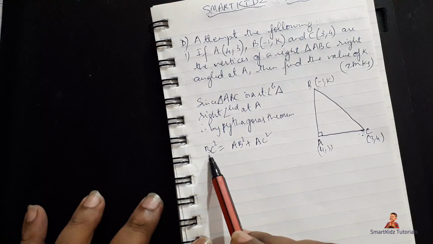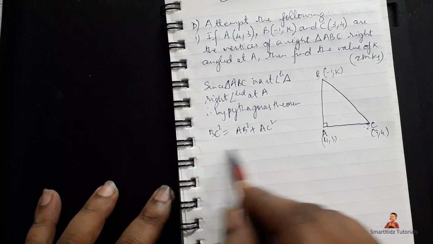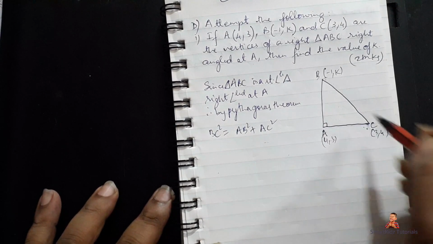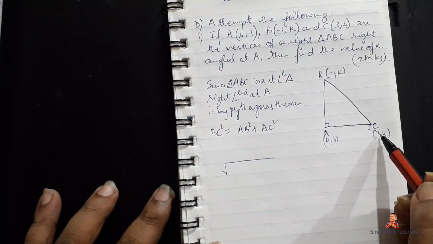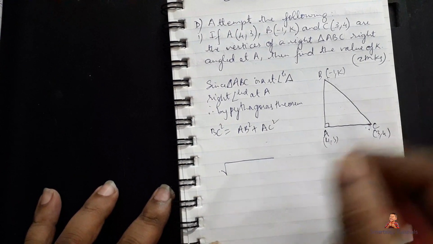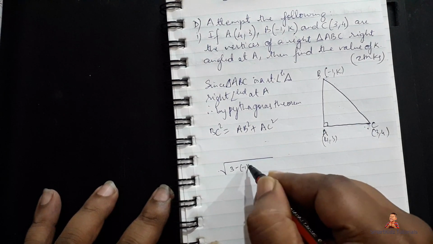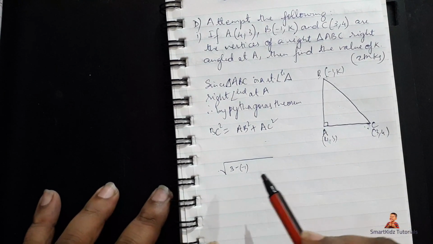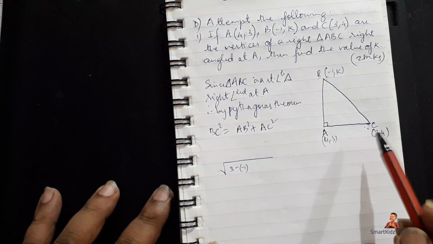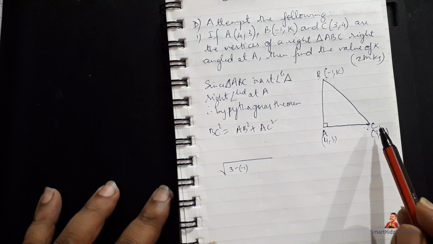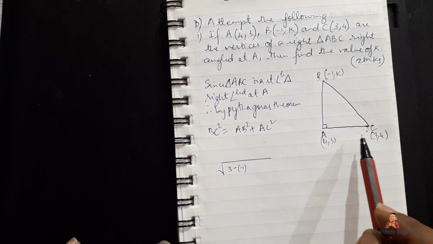Now we just need to apply the distance formula for BC here, and I'll do it over here since we won't have place here. So BC, put a square root sign first, and that would be 3 minus of minus 1. If you don't remember the distance formula, it is actually square root of x2 minus x1 whole square plus y2 minus y1 whole square.